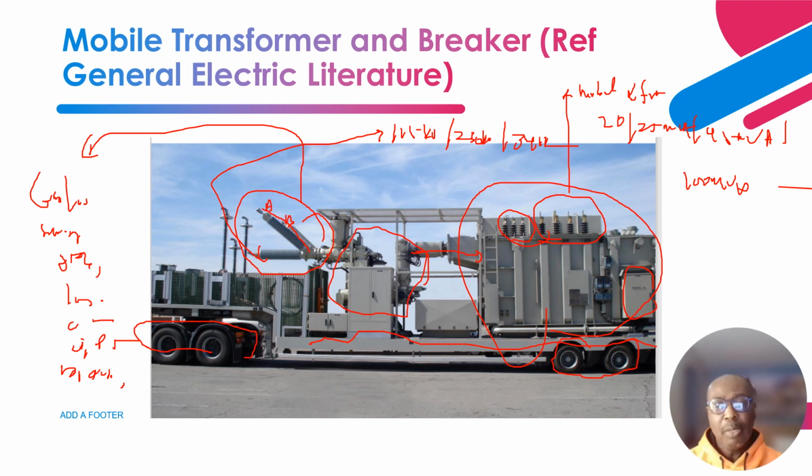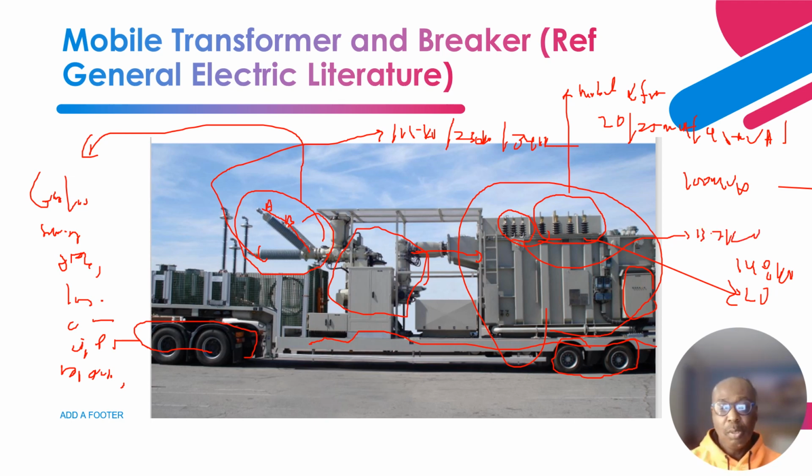Okay, so this one, as you can see over here, let me refresh this one. This is the low voltage side, and sometimes you can have two low voltage windings, right? Okay, so sometimes you can have let's say 14.8 kV on the low voltage side, and let's say 13.2 kV.